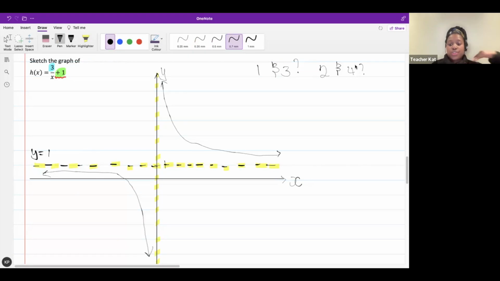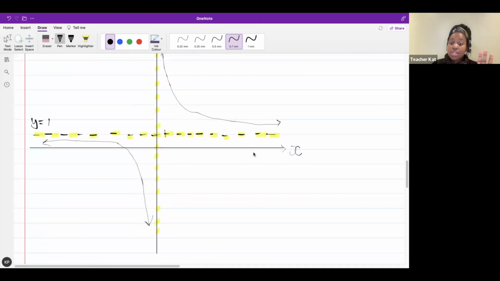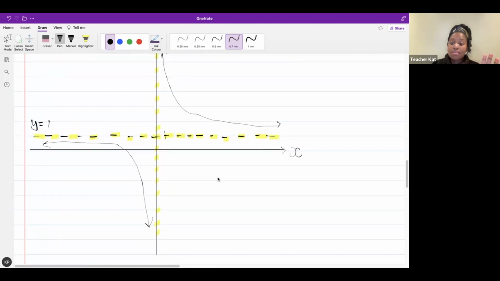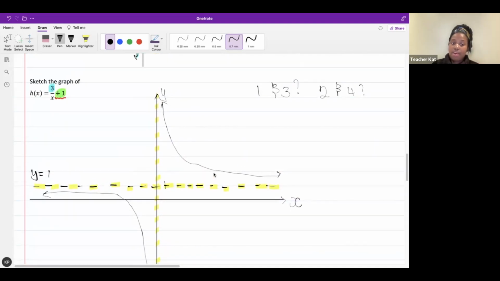I have one more question. For a graph that I haven't moved sideways, do I have a y-intercept? For this graph and the one before, I haven't moved them sideways, right? Do I have a y-intercept? Will this graph ever cross my y-axis if I haven't moved this graph sideways? No, it won't, because it's an asymptote, and we just said asymptotes are not to be touched.